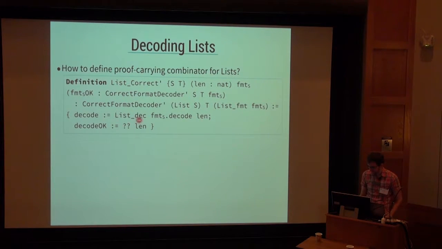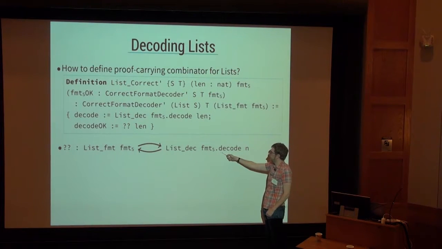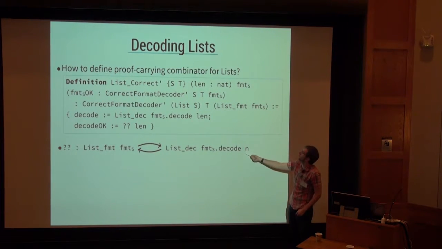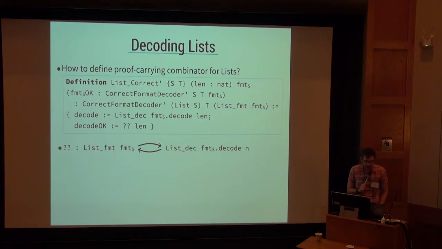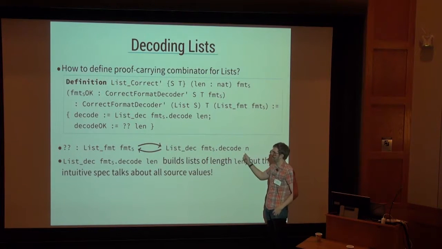We can imagine writing some sort of decoder function that will use this length as a parameter. That's our fuel. But the question now is, how are we going to fill in the hole for this proof component? And to see why that's slightly problematic, let's look at the signature of this hole. Okay. So note now that this decode function is anticipating as input the length. This should be a len, I apologize. So this decoder is only going to return lists of length n, by definition.